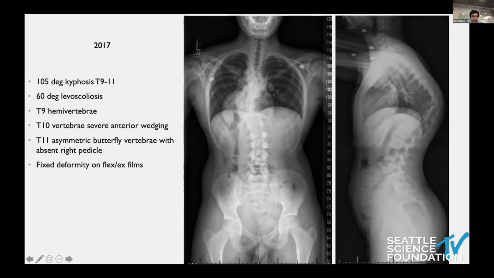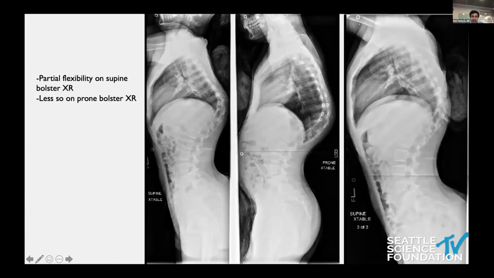His coronal curve is also increasing. At T9 he has a hemivertebra. At T10 he has severe anterior wedging. At T11 he has an asymmetric butterfly vertebra without a right-sided pedicle. Then his prone supine bolster films show a rigid deformity with minimal flexibility.